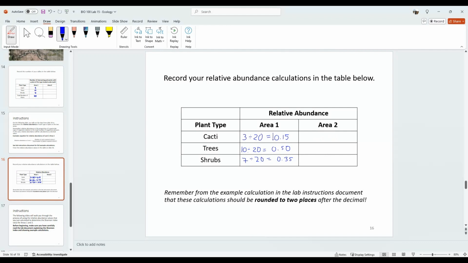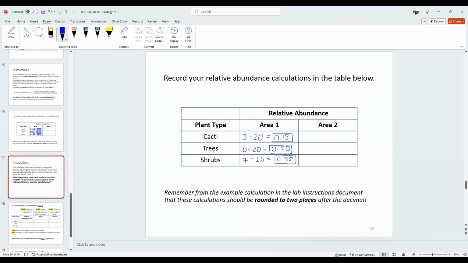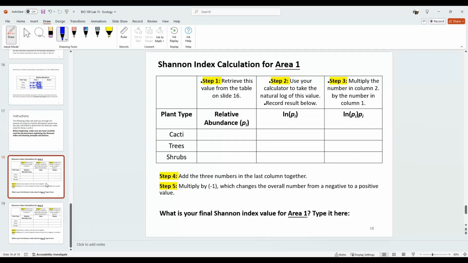And then once you have these relative abundance numbers, there's one final calculation to do to get to your Shannon diversity index. Shannon diversity index is going to come out with one number, and that one number will tell you which area is more biodiverse. So once you've completed the calculations on slide 16, then slides 18 and 19 are the final boss here.